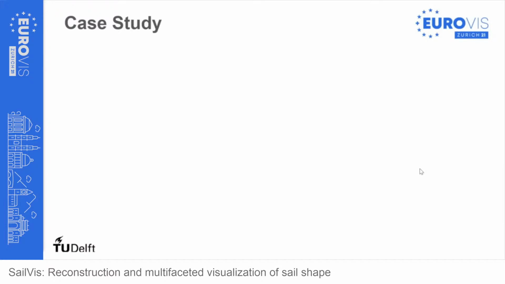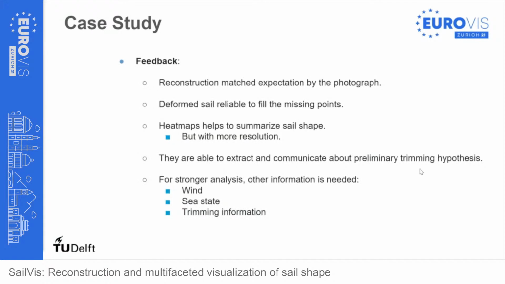For the case study, the participants are two sailing experts involved in the visualization design, and they evaluate the dashboard by interacting with it and answering questions regarding quality and usability. Here is their feedback. The reconstructed sail shape matches their expectation, judging from the real image of the sail, and the deformation model is reliable when it comes to missing points.